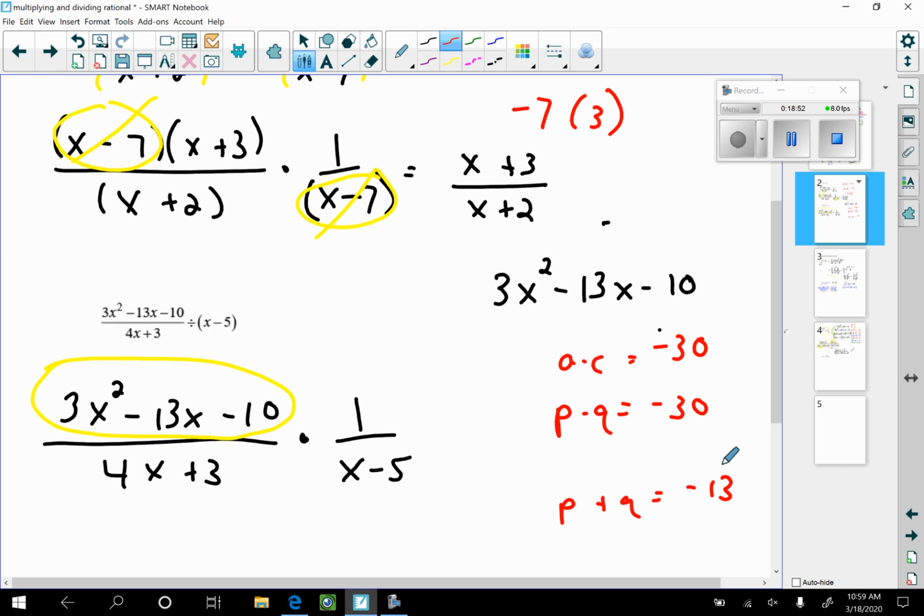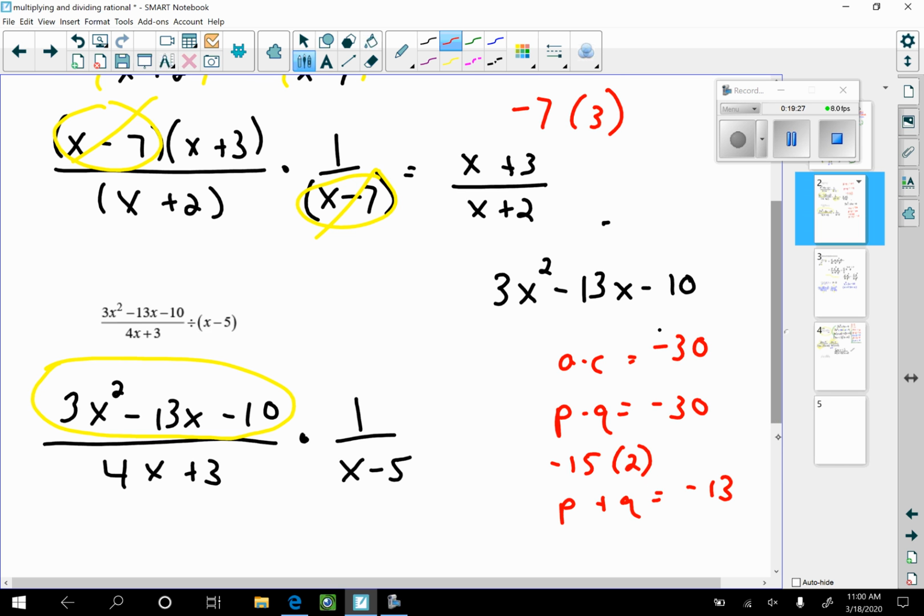I have 5 and 6. Okay, we found them. And what are they? It's going to be negative 15 and 2. Negative 15 times 2 is negative 30. Negative 15 plus 2 is negative 13.